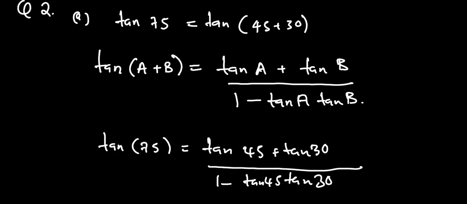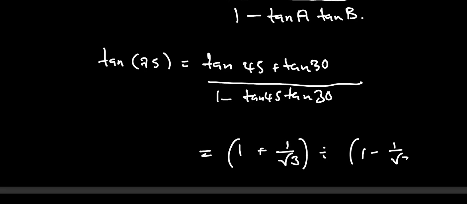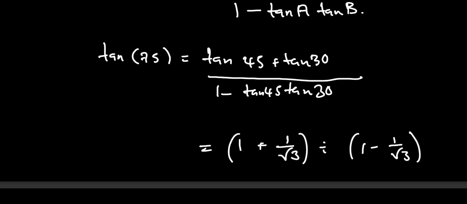So now according to your special angles, you know what tan 45 is. It's 1. Tan 30 is just 1 over root 3. Then we're dividing this by 1 minus 1 over root 3. Because this is a 1, right? Then this is 1 over root 3, right? So multiplying, that's where this is coming from. So now here, we try to make these as fractions.